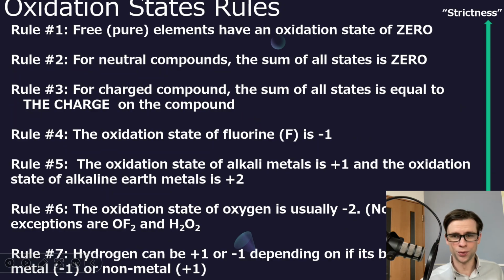So there's a set of rules. I'm going to say you must remember these rules. A lot of them are fairly easy and obvious. Some of them not so much though, and it definitely takes a bit of practice. So rule number 1, free elements or pure elements have an oxidation state of 0. So this could be something like sodium metal, oxygen gas, bromine liquid.